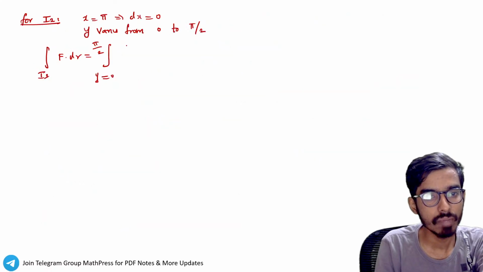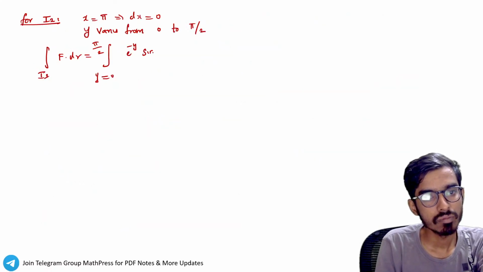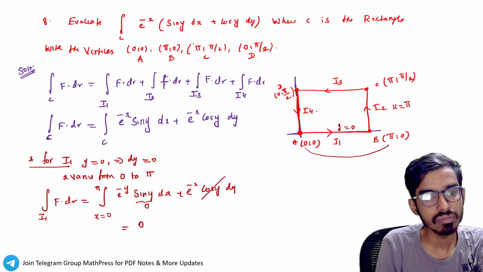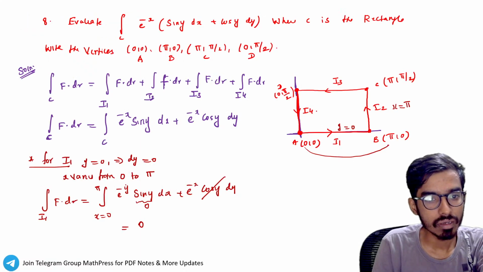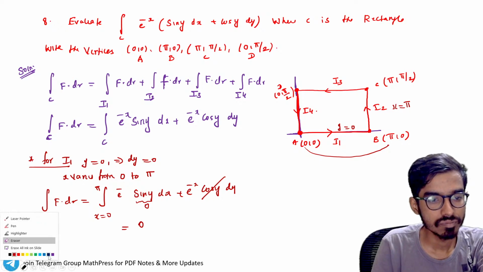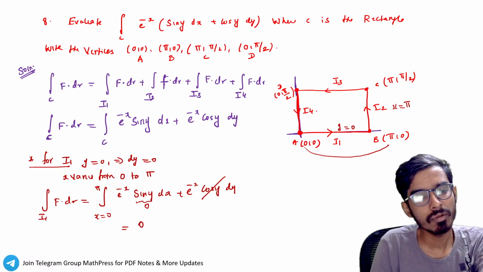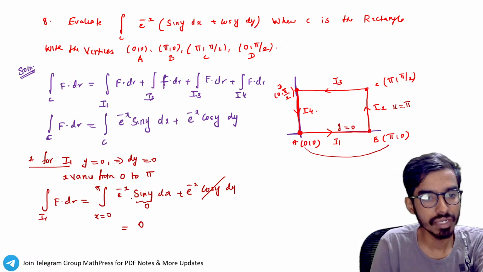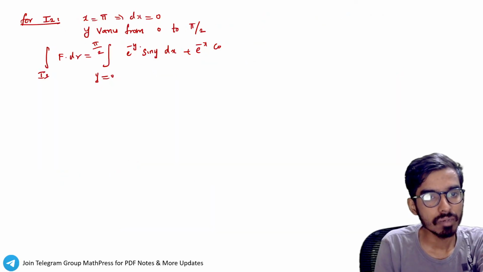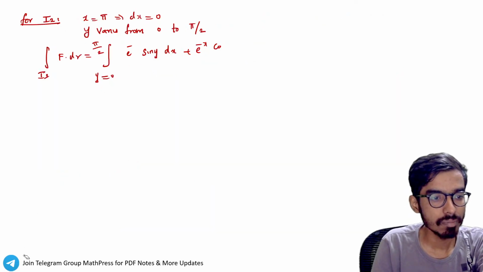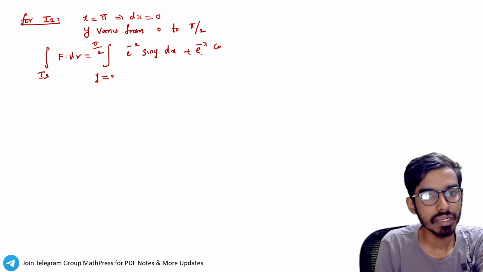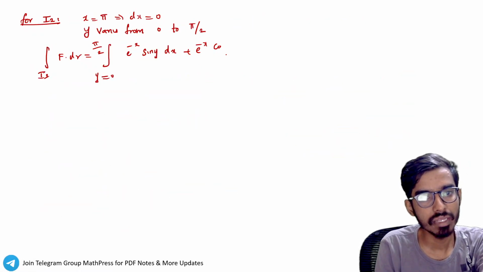So we are converting everything in terms of y. So we have e power minus y sin y dx plus e power minus x cos y dy.